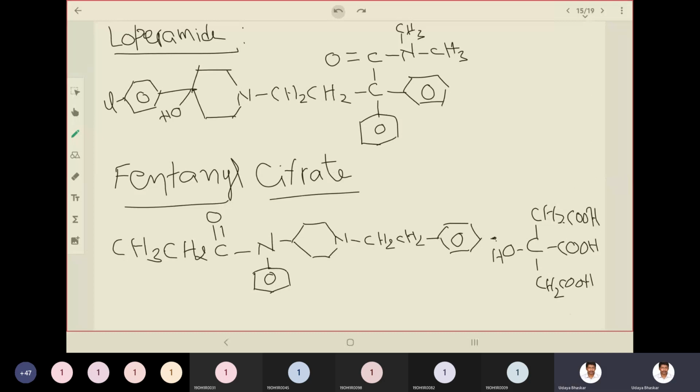And loperamide, it is a safe and effective opioid-derived anti-diarrheal agent. This is the most commonly available anti-diarrheal agent over the counter.